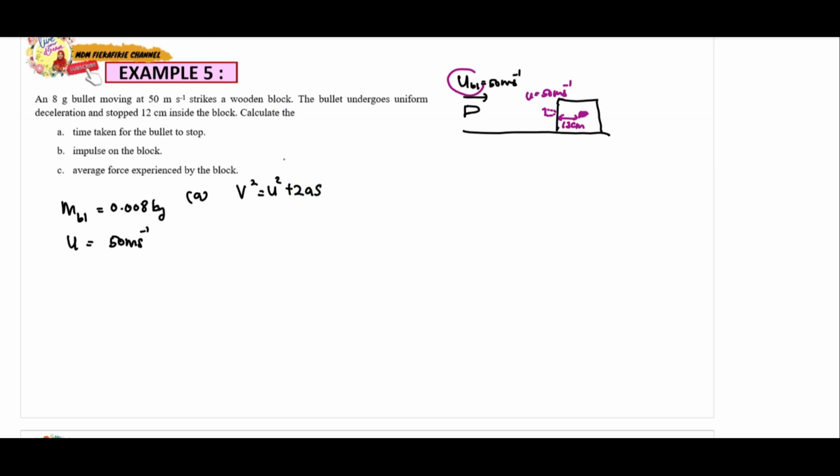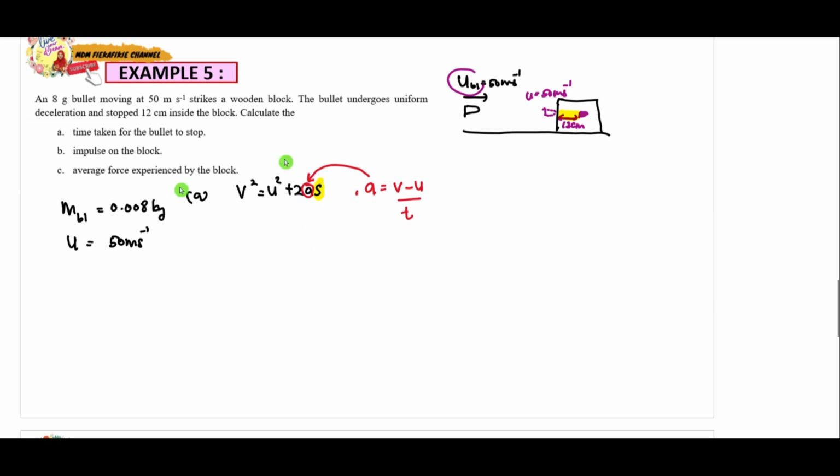Since we know that the object is moving 12 cm, daripada starting point sampai dia berhenti tadi is 12 cm. So kita dah ada nilai S. But here we don't have A. But we can calculate A by using equation V minus U over T. Alright, so we can substitute this equation untuk gantikan A.